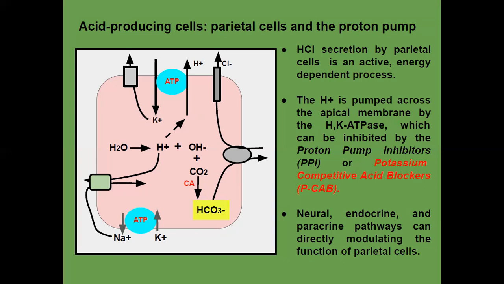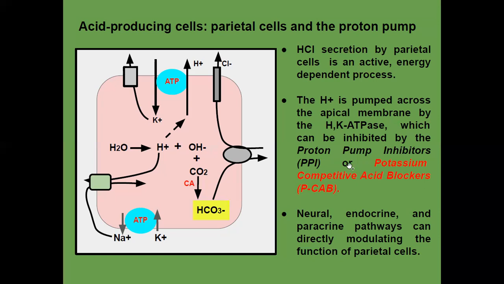Two kinds of proton pump inhibitors are designed and widely used. The first we call proton pump inhibitors, namely PPI. The second we call potassium competitive acid blocker, or PCAB. For this one, when we learn the pathophysiology of GI disease, we will mention it in detail.